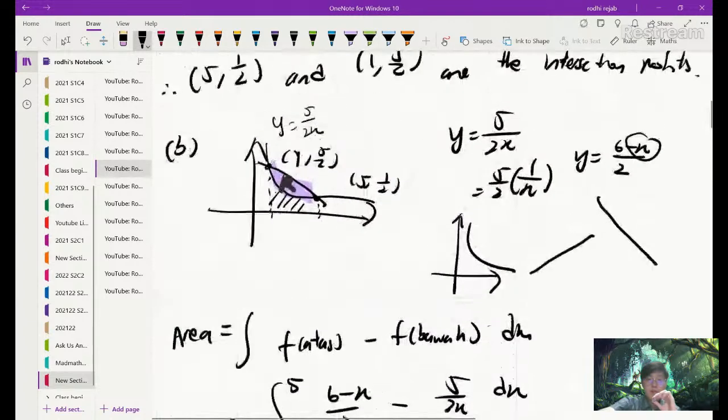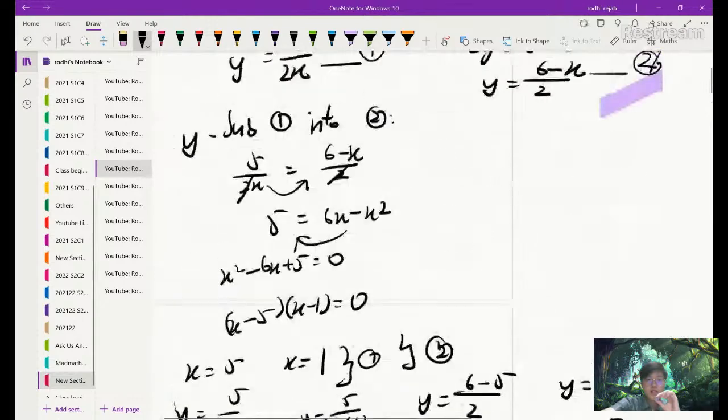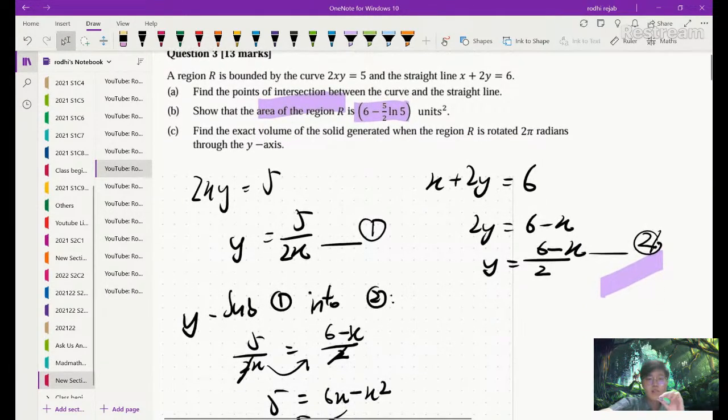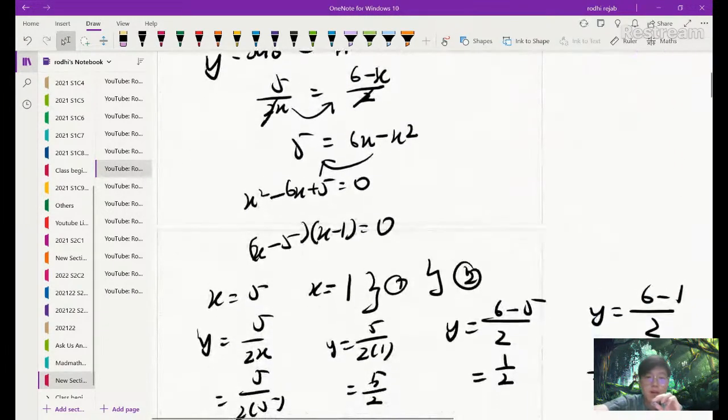Okay, then we refer back to question B. It wants us to show that the area of the region R is 6 minus 5 over 2 ln 5.